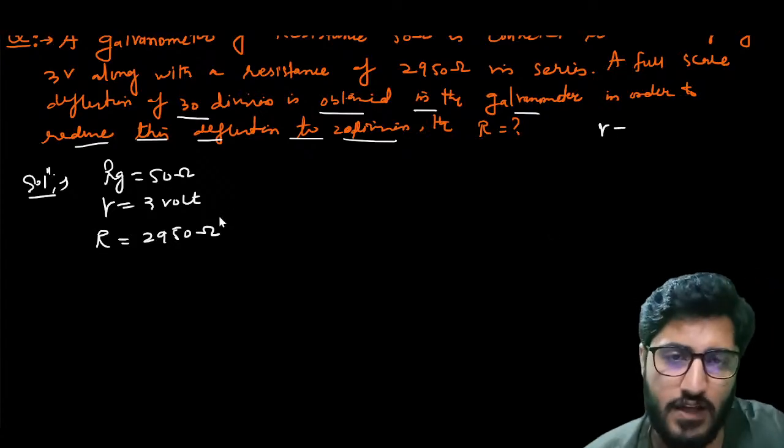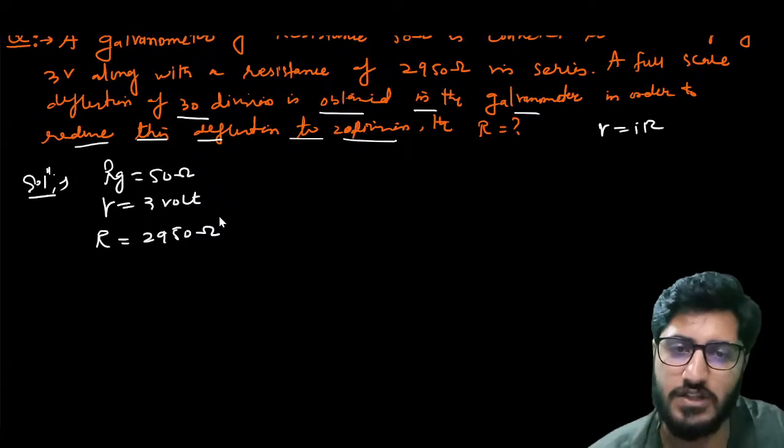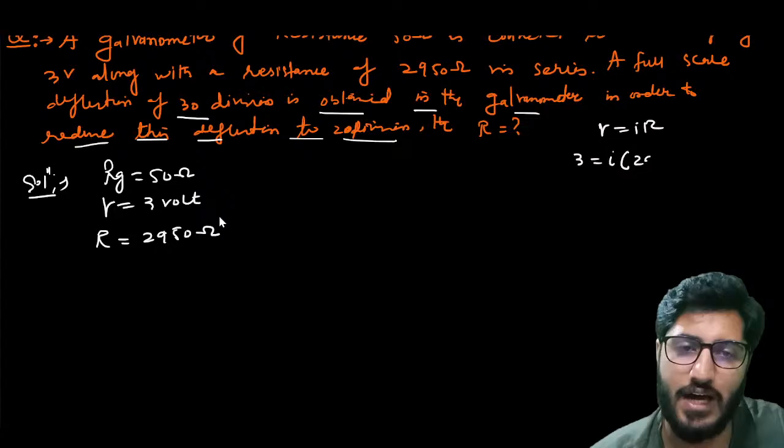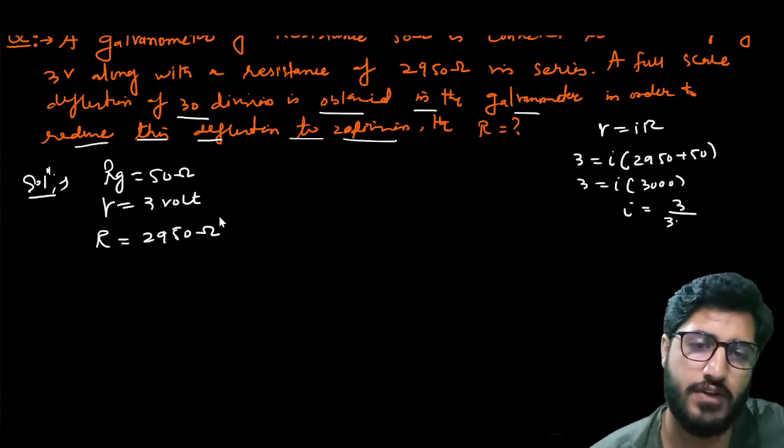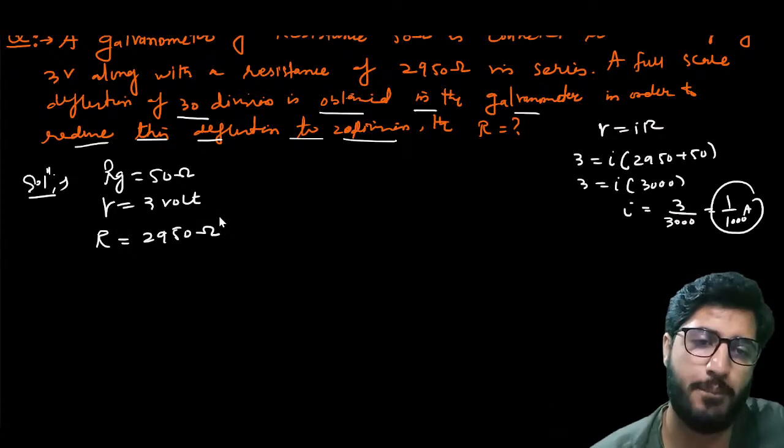I guess V equals IR. What is V? V is 3. I is I. What is R? R is 2950 plus 50, which is 3000. I came out to be 3 divided by 3000, it is 1 divided by 1000 ampere.